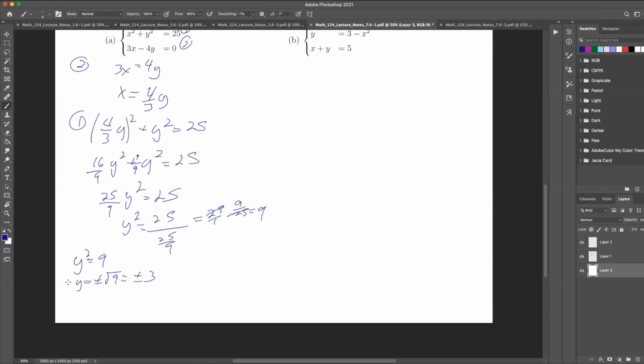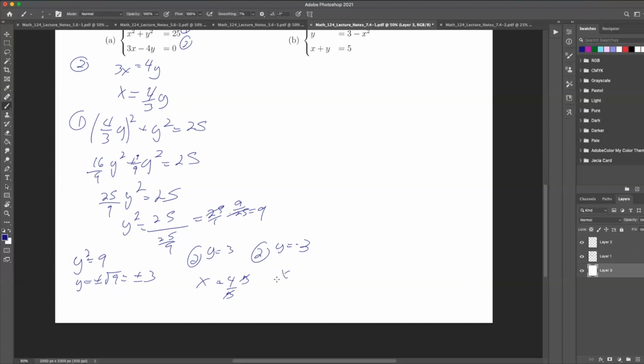All right, so here I have two answers, right? I'm going to plug both those answers back into equation 2. So I'll have y equals 3, and then y equals minus 3. Actually, I've already got it solved, so I'll have x equals 4/3 times 3 over 3... so x equals 4.